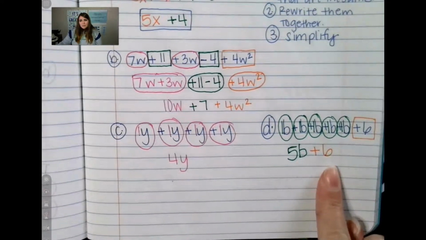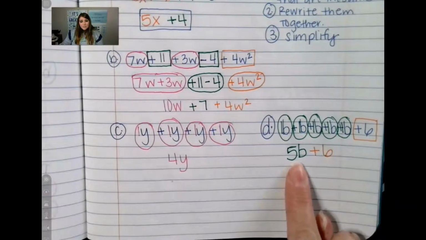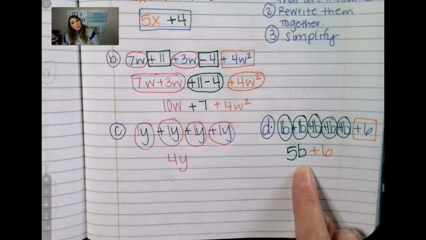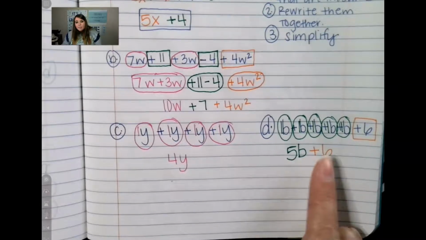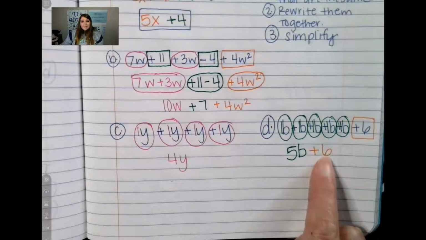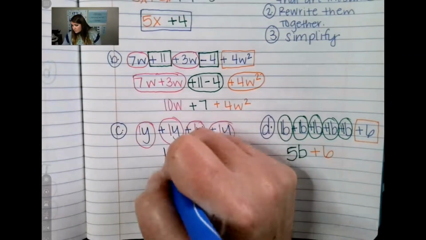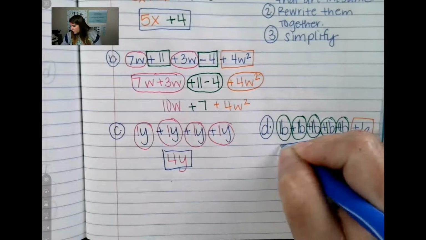This problem right here is complete. Again, I cannot put 6 and the B's together because I don't know what B is. Once I multiply and know what B is, once this coefficient does its job, then we can add in the 6. But until then, we just leave it just like this. This is your final answer.